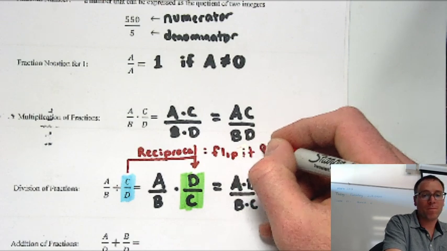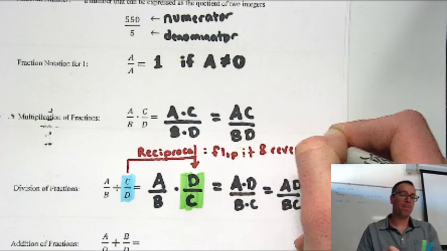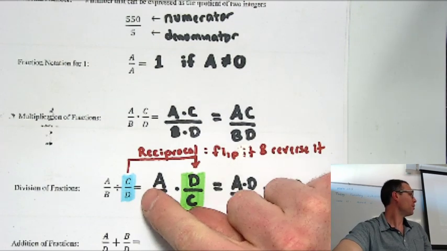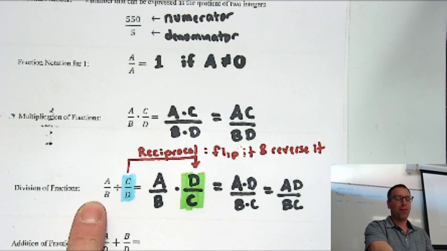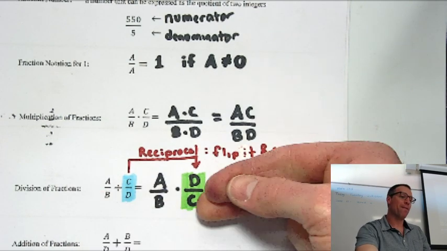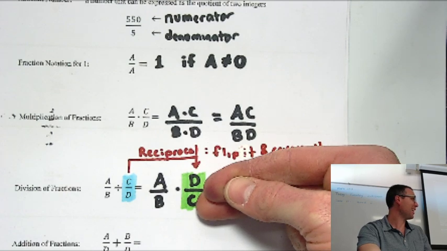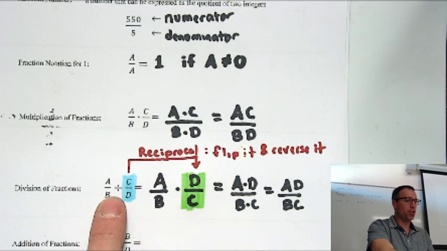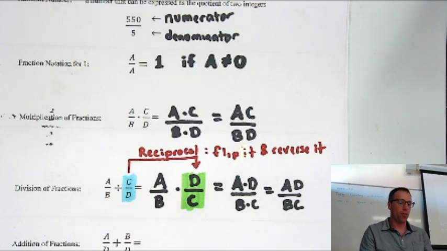And when you do that, you have to take the reciprocal of the right fraction. So if I have the left fraction divided by the right fraction, I leave the left fraction alone. I flip it and reverse it, and then I multiply. So when I flip it, the division turns into a multiplication, and then I go from there.